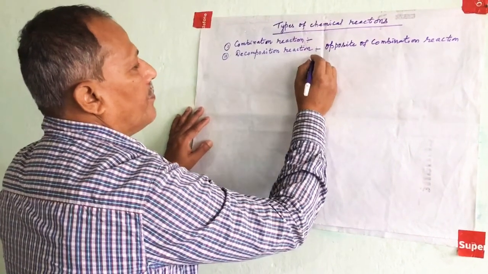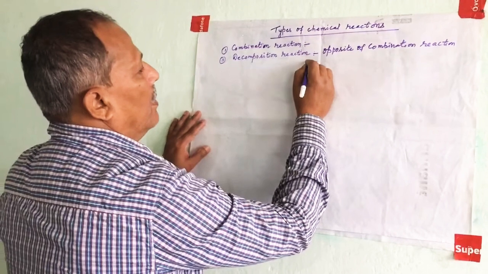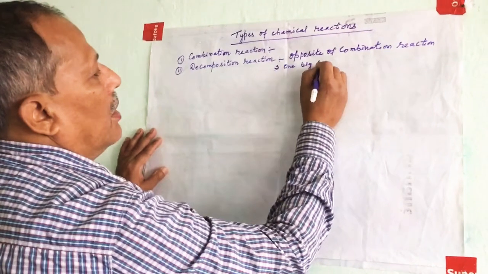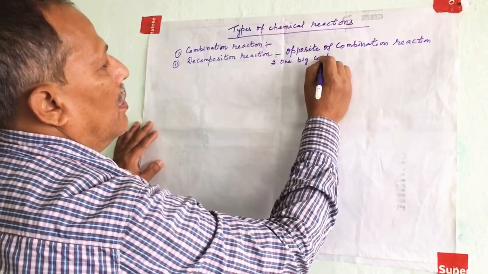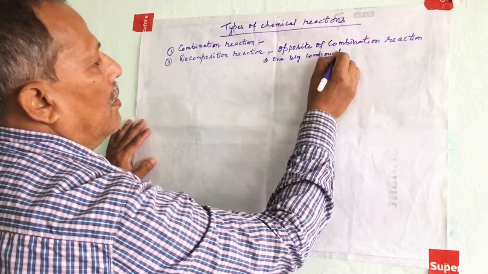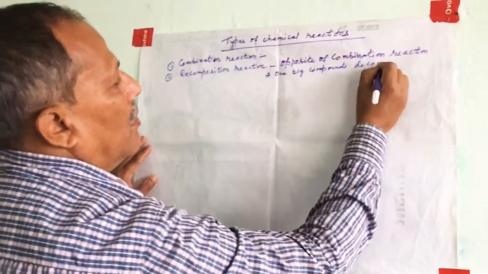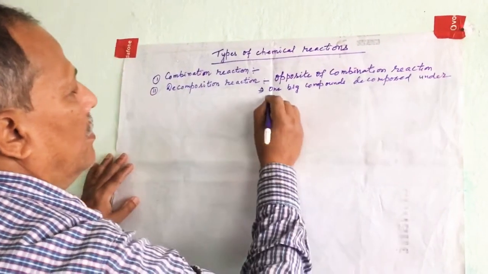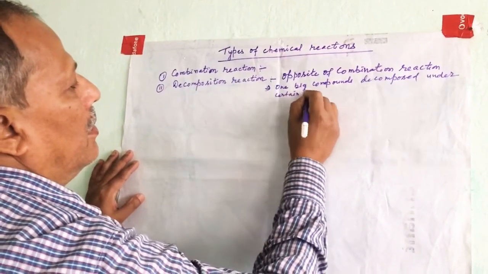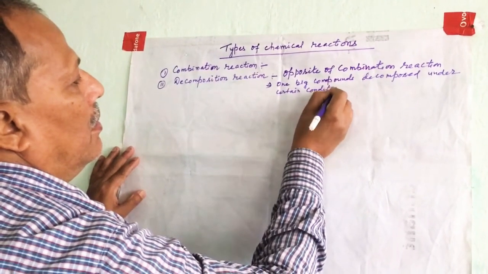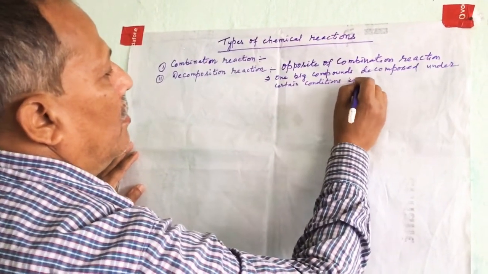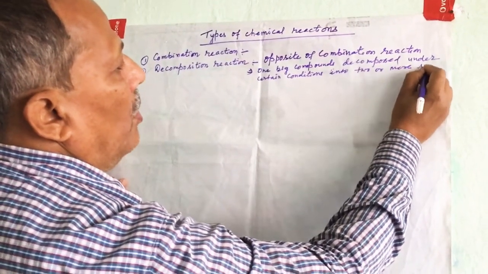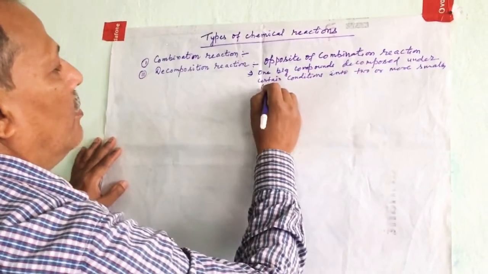And second point, one big compound is decomposed under certain conditions into two or more smaller compounds.